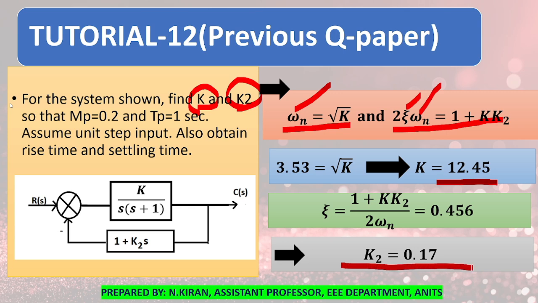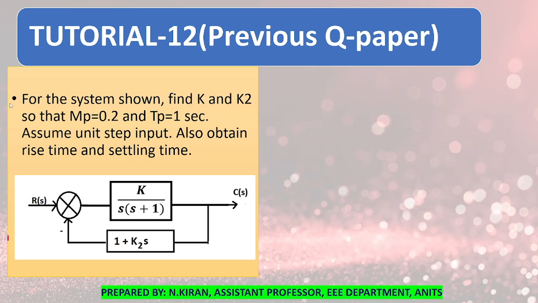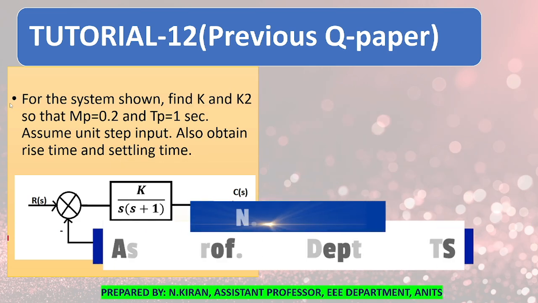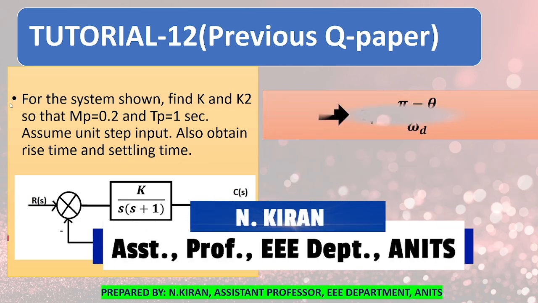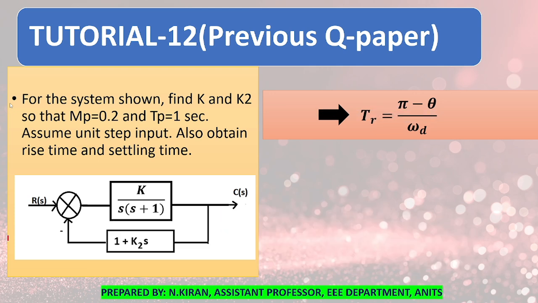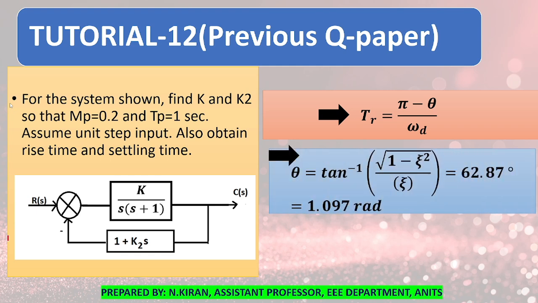So now, after getting the values of k and k2 as well as zeta and omega n, now we need to find the values of rise time as well as settling time. We know the expression for rise time and settling time. So rise time, the formula is pi minus theta by omega d, where theta is tan inverse of root over 1 minus zeta square by zeta.